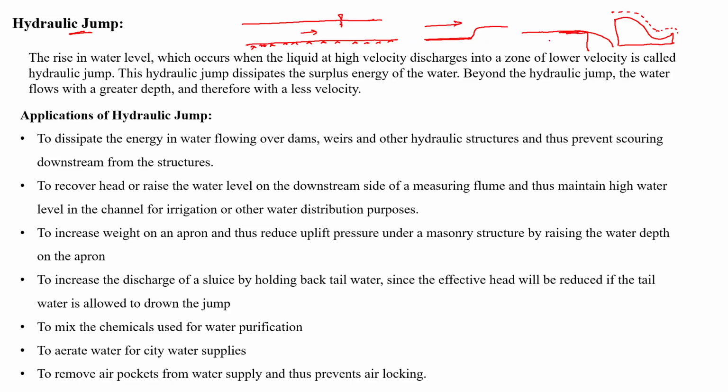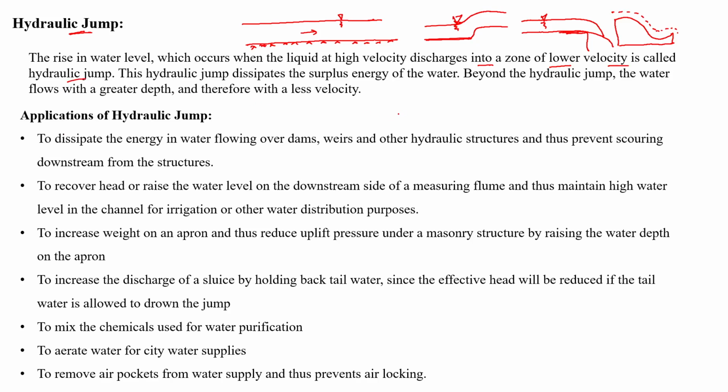But if the water is flowing over a hump, can we say it is a hydraulic jump? Or when the flow takes place over this kind of drop, can we say this is a hydraulic jump? No. To make it clear, there is a general definition. The rise in water level which occurs when liquid at high velocity discharges into a zone of lower velocity is called a hydraulic jump.